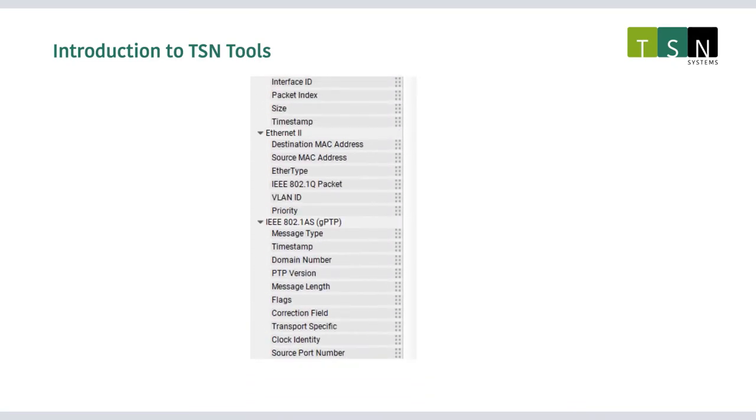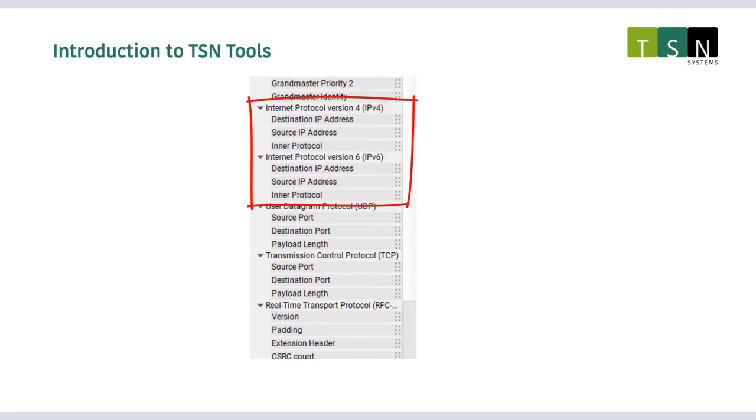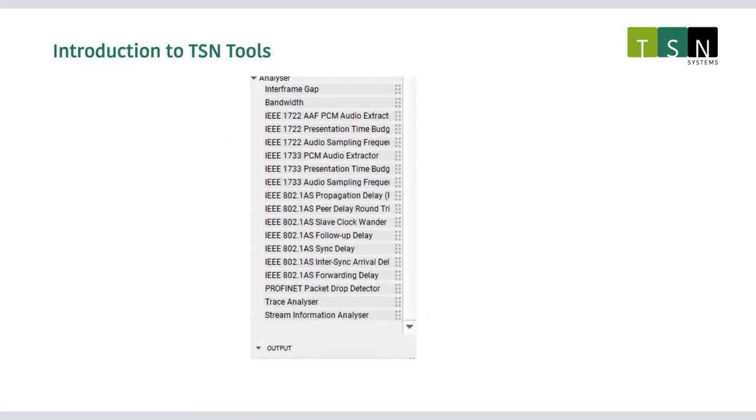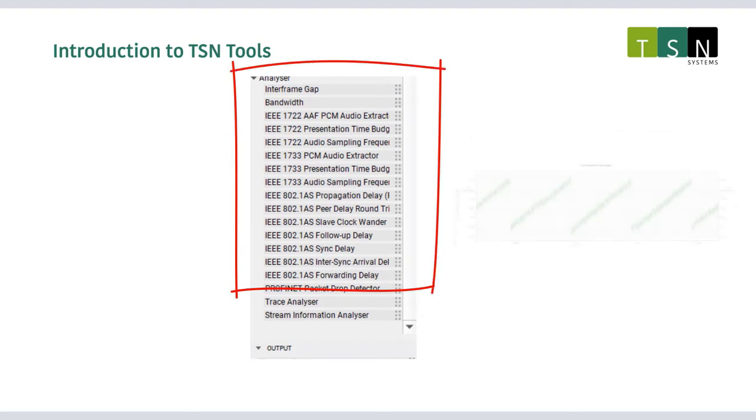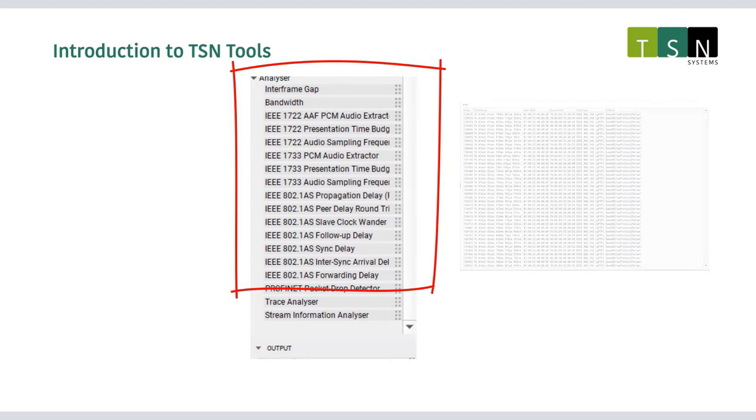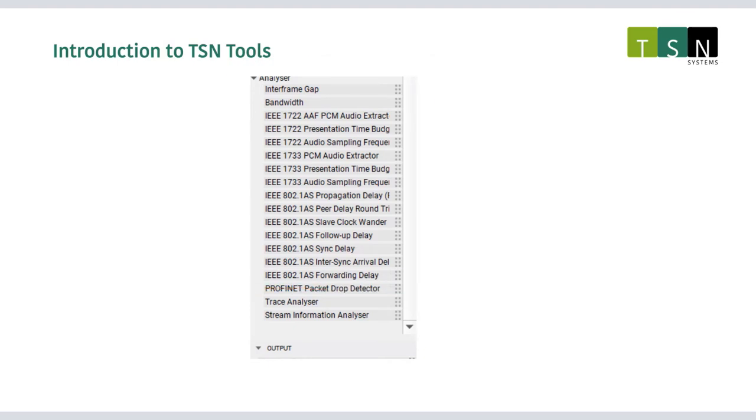There are tools for standard Ethernet like MAC address, VLAN, EtherType, IPv4, IPv6, UDP, RTP, and much more. Additionally, there are lots of specialized features for analysis of time-aware systems like gPTP, Qbv, AVB, flavored 1722 or 1733.